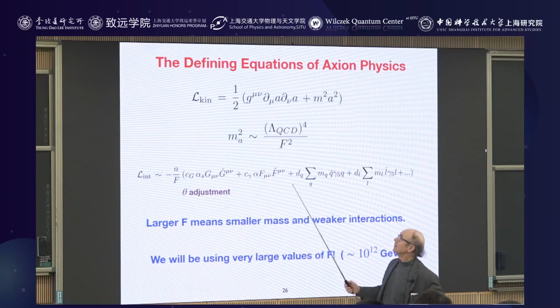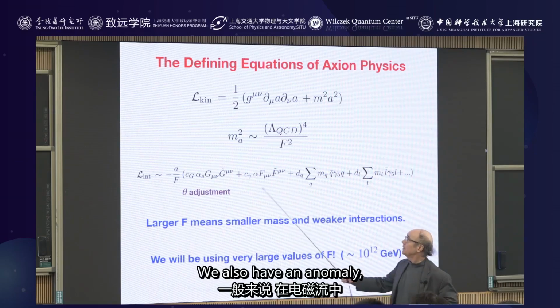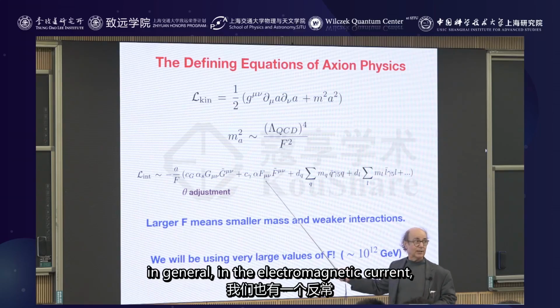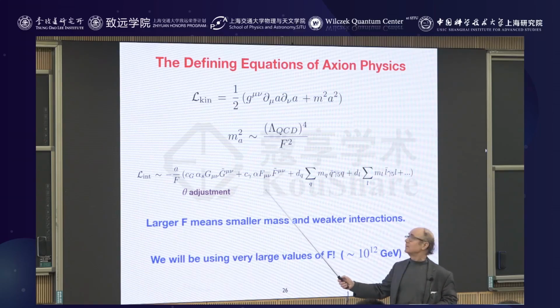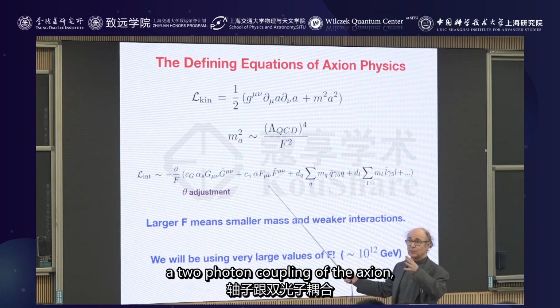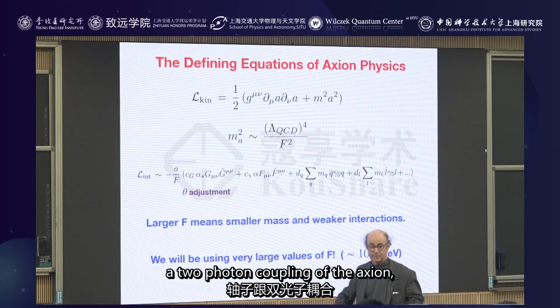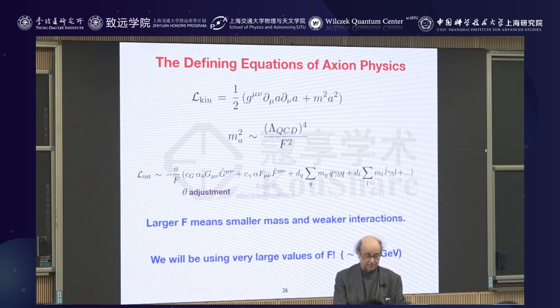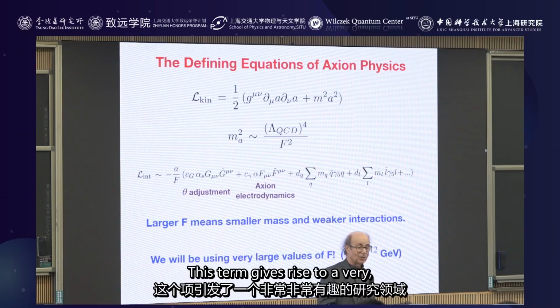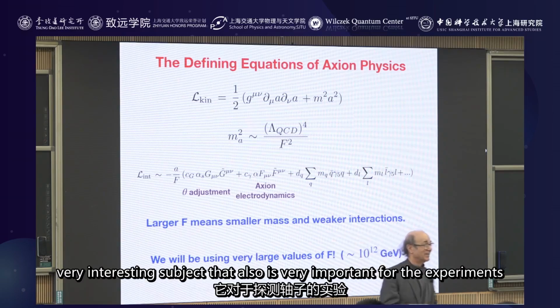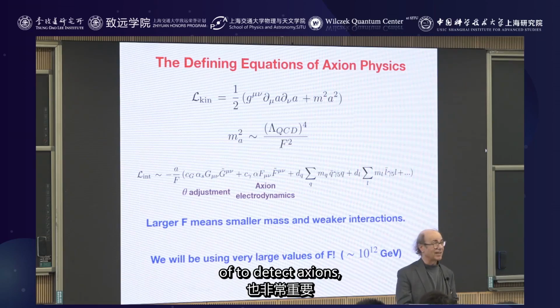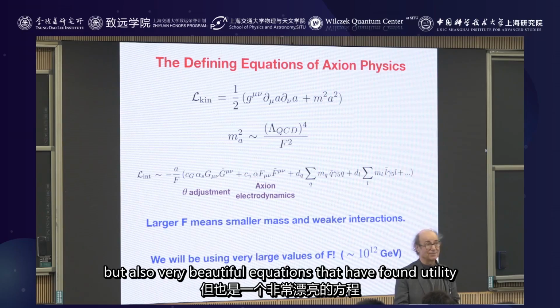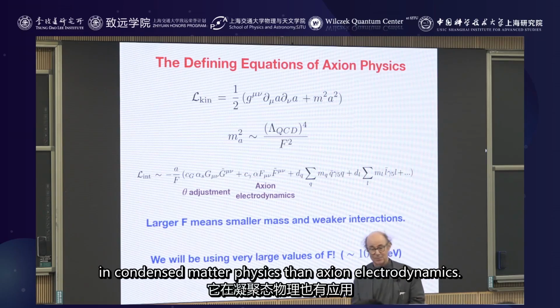So there it is. We also have an anomaly in general in the electromagnetic current, in the electromagnetic coupling, a two-photon coupling of the axion, because the quarks are electrically charged as well. And this term gives rise to a very interesting subject that also is very important for the experiments to detect axions, but also very beautiful equations that have found utility in condensed matter physics, the axion electrodynamics.